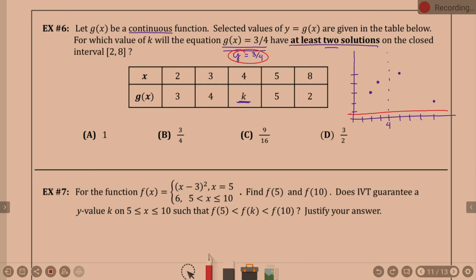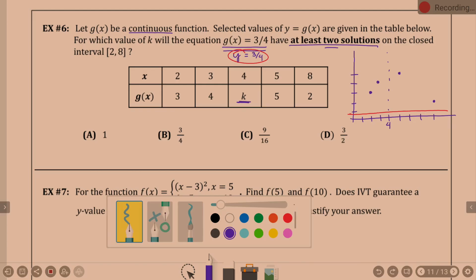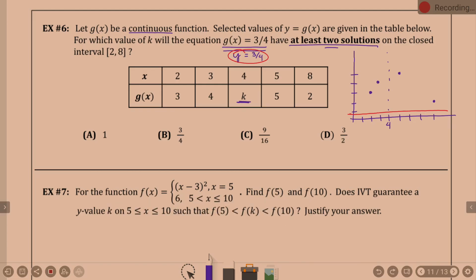And the idea of two solutions is we want this graph to hit 3/4 twice, which means it's going to connect, then it has to come down here, so that it crosses 3/4 at least twice.